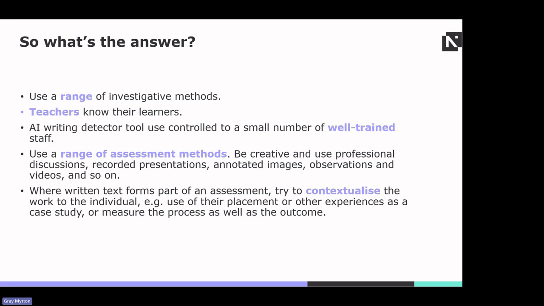So asking people to submit drafts, asking people to do a planning session within their lesson in the presence of a teacher, and get those things submitted. Ask people to submit, in their acknowledgement section at the end, how they might have used generative AI to form that piece of work, and come to a judgment on whether that's appropriate use or misuse.